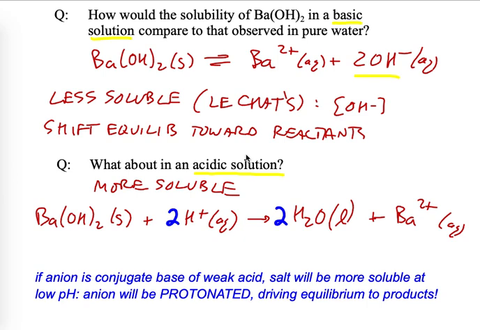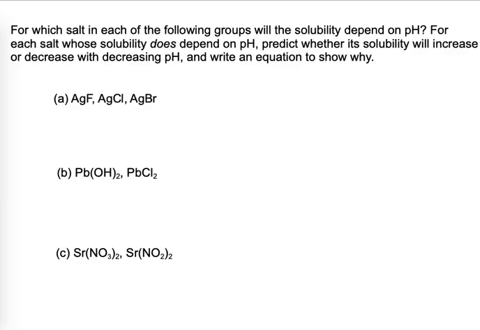So if I ask you, will an ionic compound be more soluble at low pH, then you're simply saying, okay, is the anion the conjugate base of a weak acid? If it is, it has a high affinity for the hydrogen ion, and therefore it will be protonated, making the ionic compound more soluble.